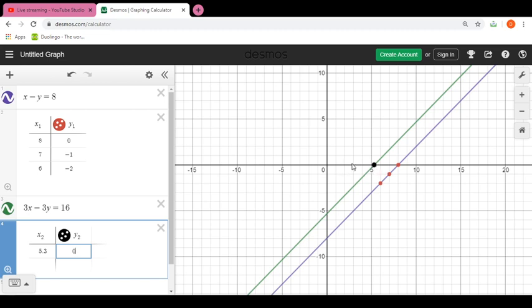Another point we have calculated is x equal to 6.3, and the corresponding value of y is 1. These are the 2 points we have calculated.